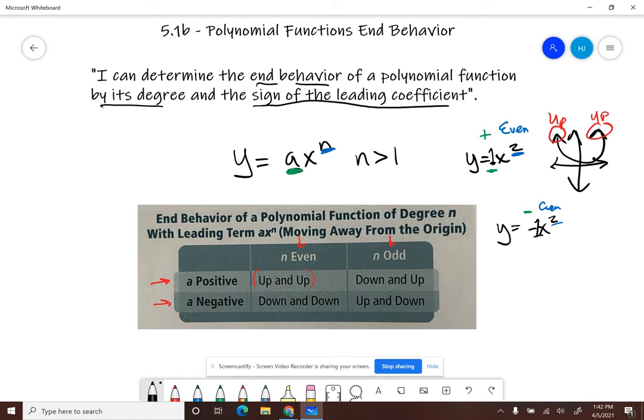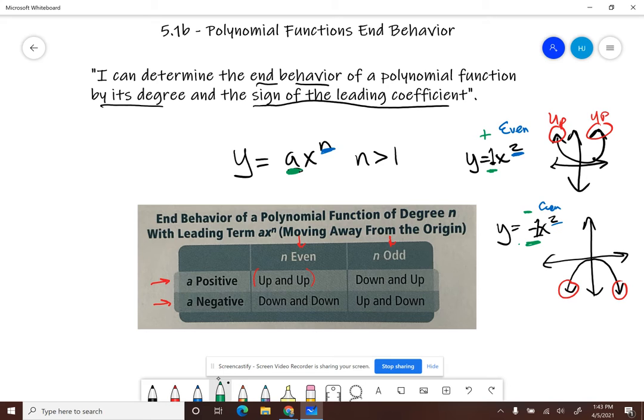But let's think about what the graph of this does. Well, the graph of this actually turns down and down. So this time we have down and down. And again, we go right back to the table and look, our a term here was a negative 1, and so it was negative.